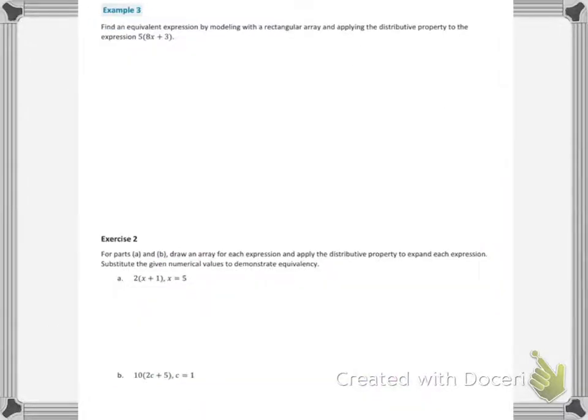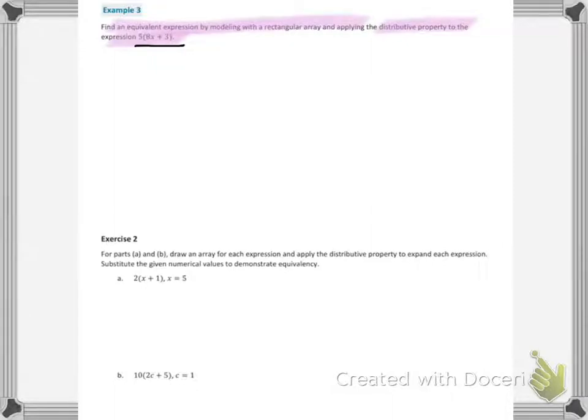Example 3 we're going to also do together. It asks us to find an equivalent expression by modeling with a rectangular array and applying the distributive property to this expression. So we have the expression 5 times 8x plus 3.